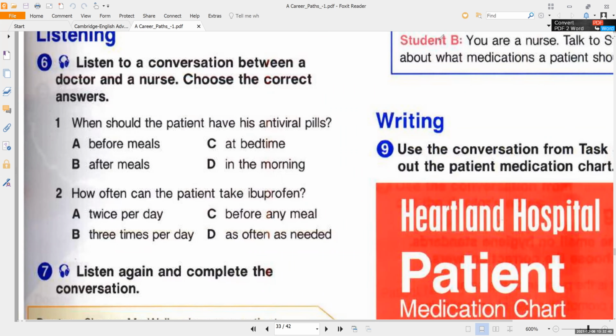When should the patient have his antiviral pills? A, before meals, B, after meals, C, at bedtime, or D, in the morning. Number 2, how often can the patient take ibuprofen? Twice per day, 3 times per day, before any meal, or as often as needed. So listen, please, and then we answer questions 1 and 2.